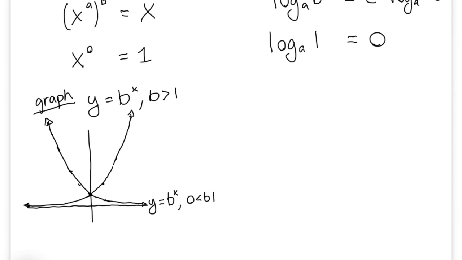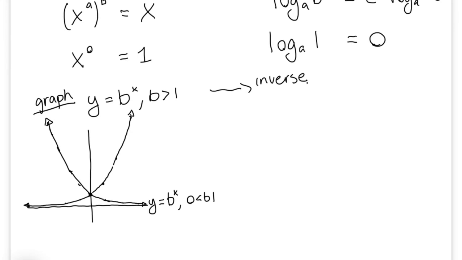Okay, now that is a graph of an exponential function. Now, before we look at the graph of a logarithmic function, what I want to bring to your attention is that graphs of exponential functions and logarithmic functions are inverses of one another. So let's say I wrote this to start. If I wrote the inverse function of y equals b to the x, remember inverse functions are when we switch x and y, I would have this, right?